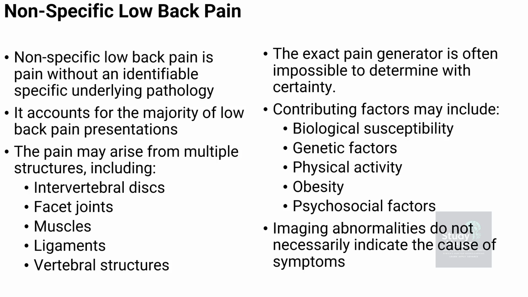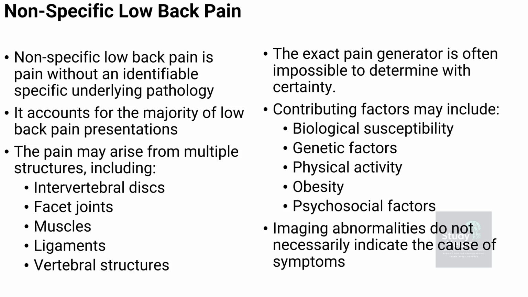Nonspecific low back pain refers to pain where no single underlying disease or structural problem can be clearly identified. It accounts for most presentations of low back pain. That is the common pattern. The pain may come from several structures around the spine, such as the discs or facet joints, while muscles and ligaments may also contribute.